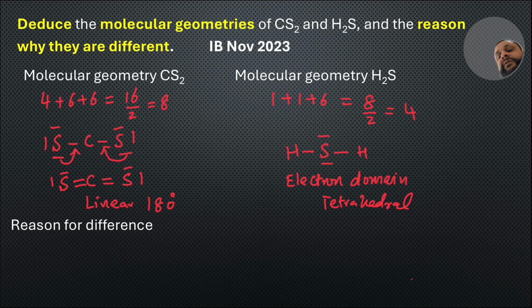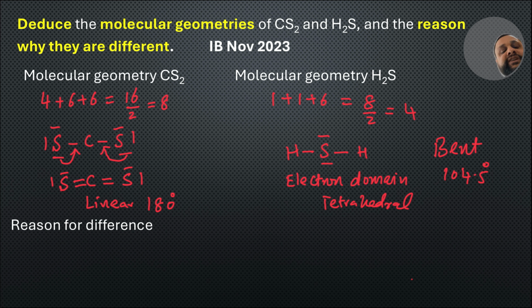And what about the molecular geometry? Molecular geometry should be different from electron domain geometry because lone pair repulsion is greater than lone pair bond pair repulsion, which is greater than bond pair repulsion. So the molecular geometry will be bent and the bond angle will be 104.5, exactly like water.